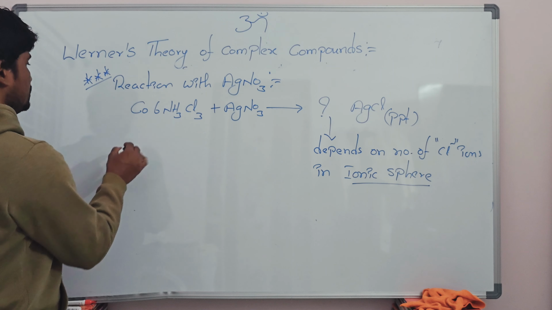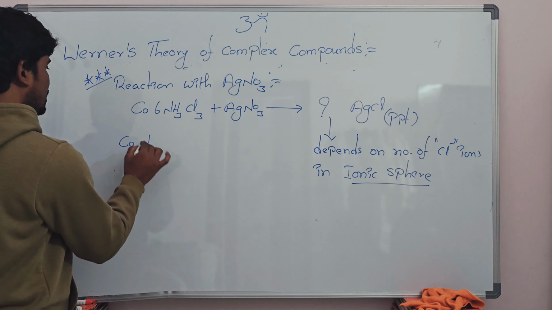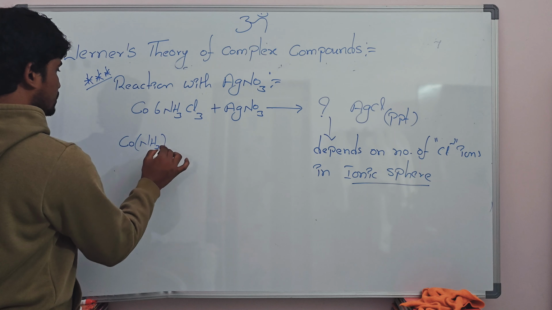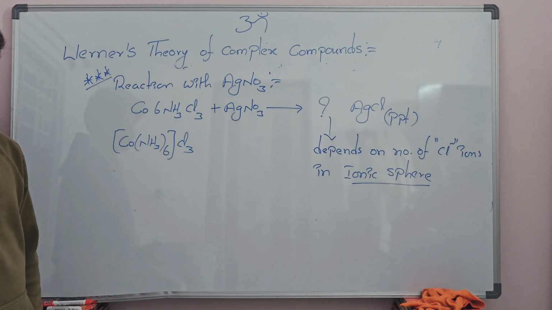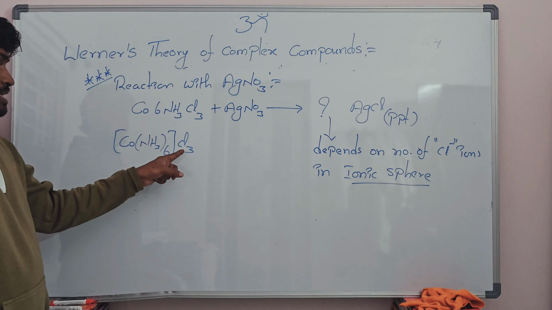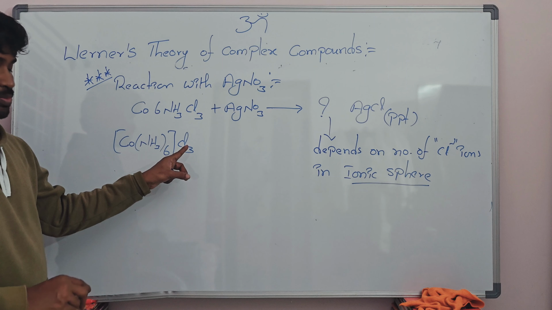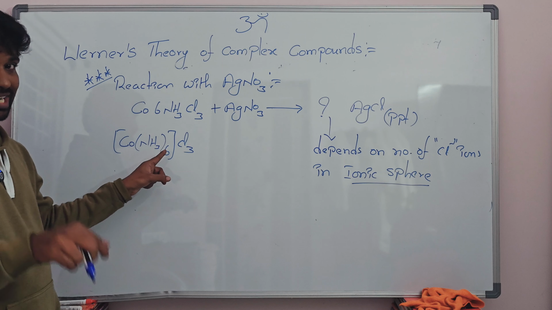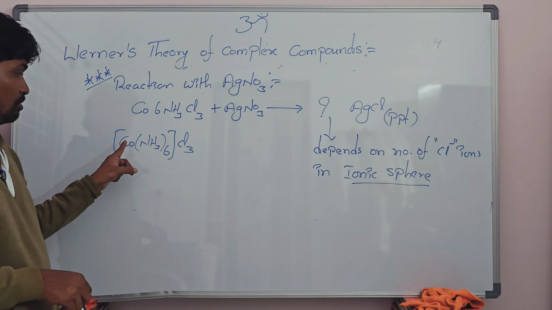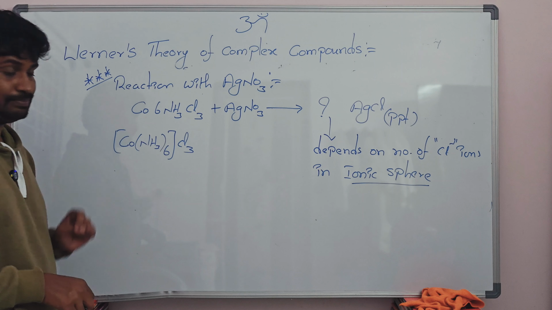This complex is represented as Co(NH3)6 Cl3. The Cl ions which are present in the ionic sphere are reactive. In the complex sphere, they are not reactive because they are ligands, with a coordinate covalent bond existing with the metal atom.